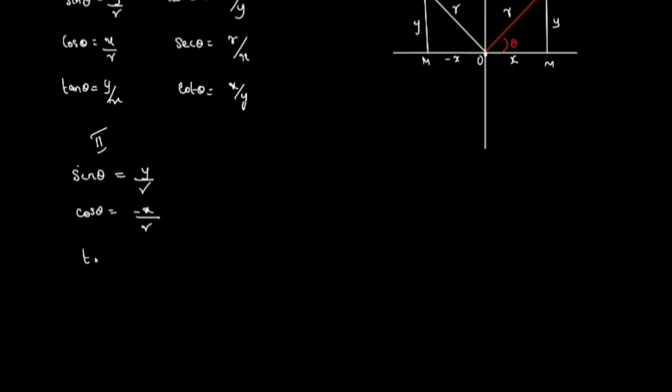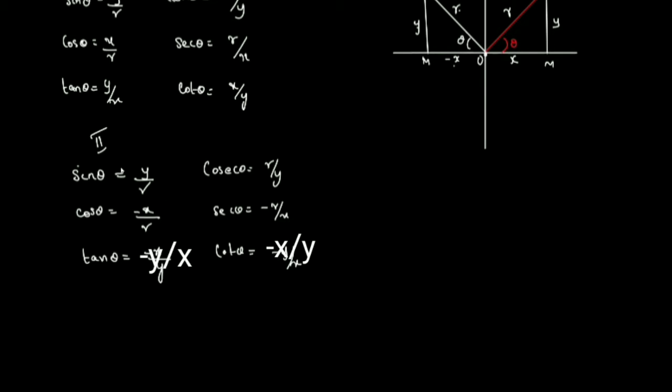What is tan theta? Theta is in the second quadrant. Cos theta is minus x by r. Tan theta is opposite by adjacent, so minus y by x. What will be cosecant theta? Cosecant theta is r by y. Secant theta is minus r by x.